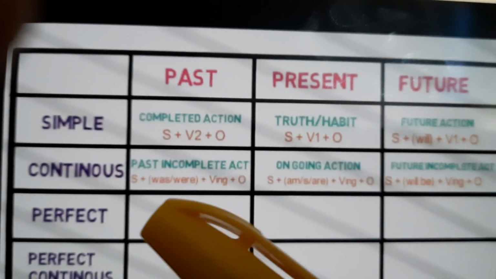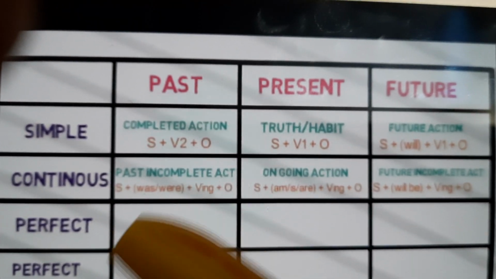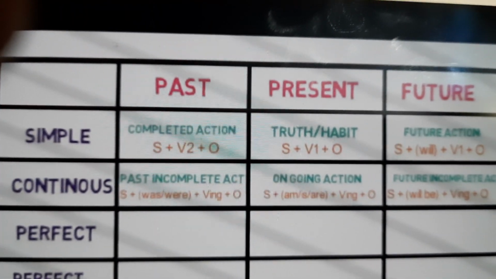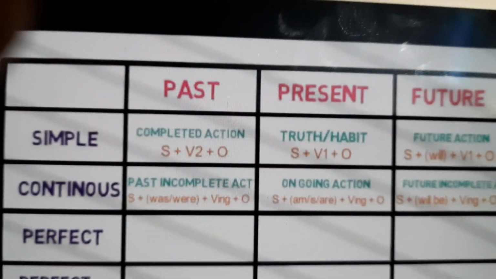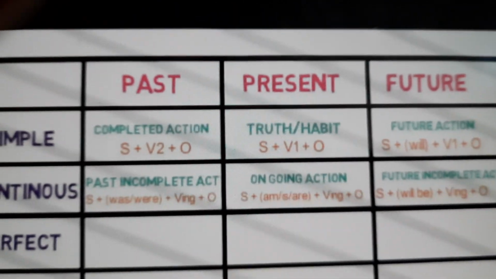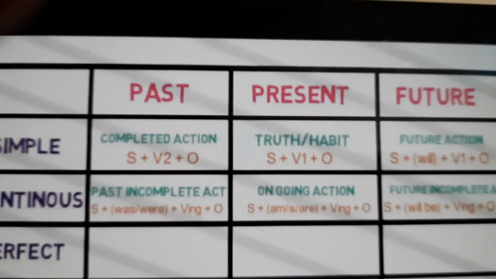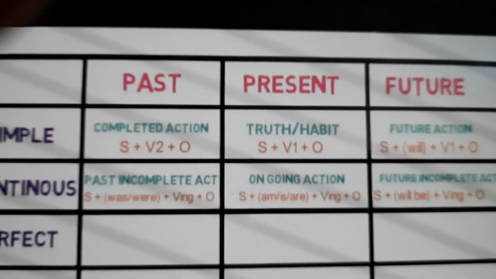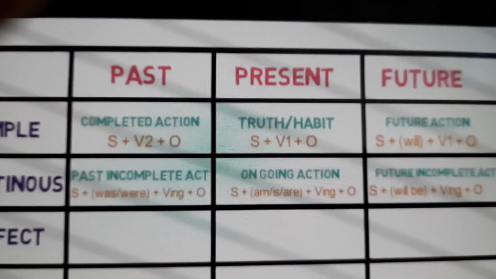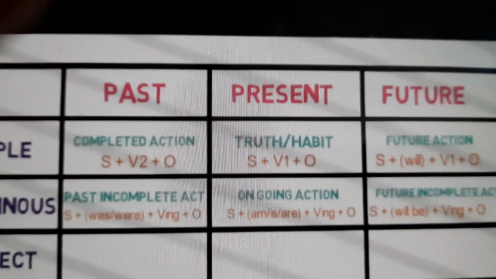Past continuous tense. Past continuous tense means the action that was continuing in the past, not a completed action. It expresses an action of longer duration or describes a situation while telling stories.